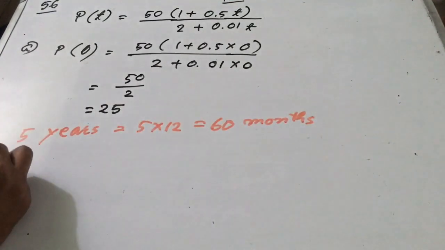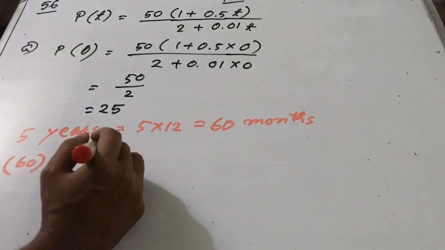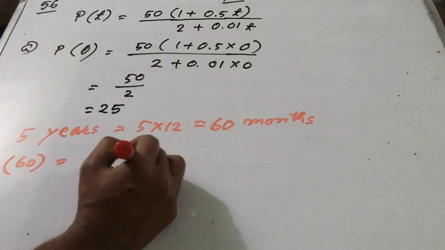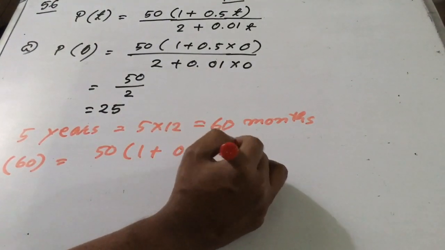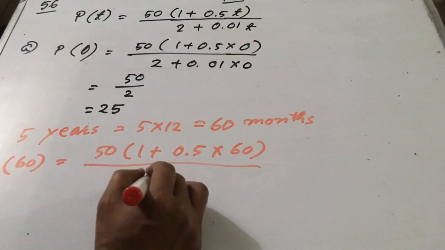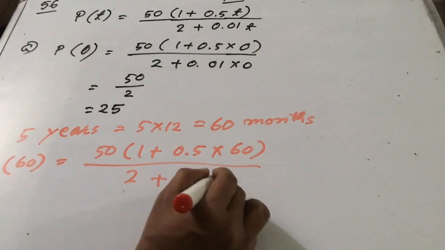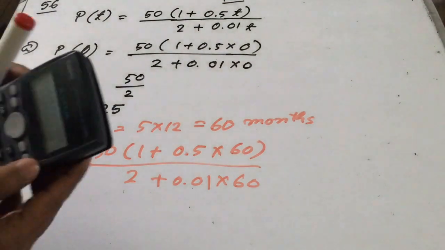Now we will put it in the function. P(60) = 50(1 + 0.5 × 60) / (2 + 0.01 × 60). So let's do the calculation. Most probably the answer will come out as 596 something.